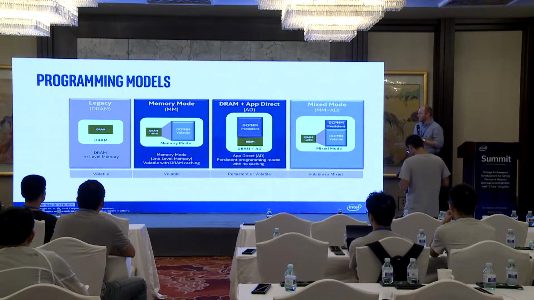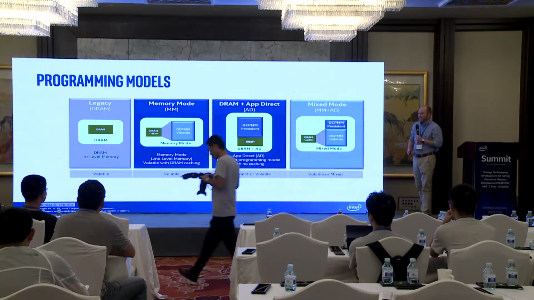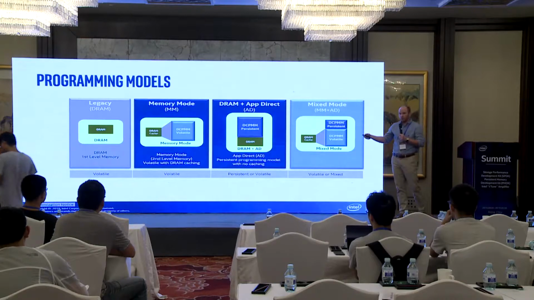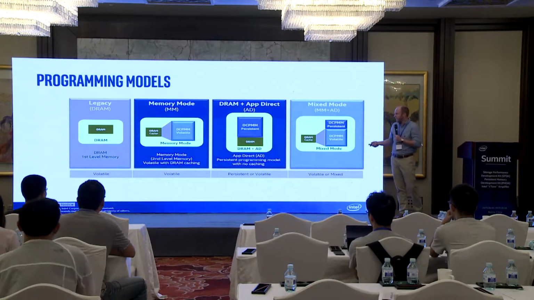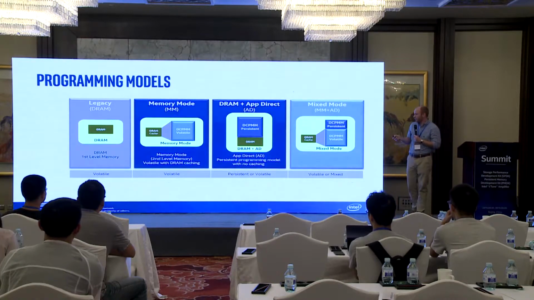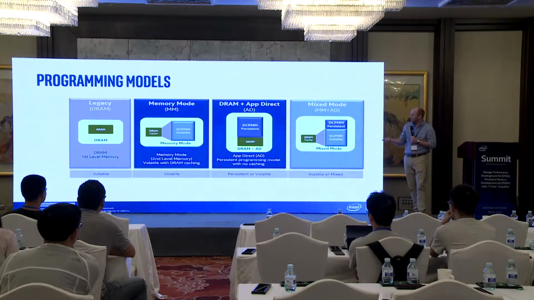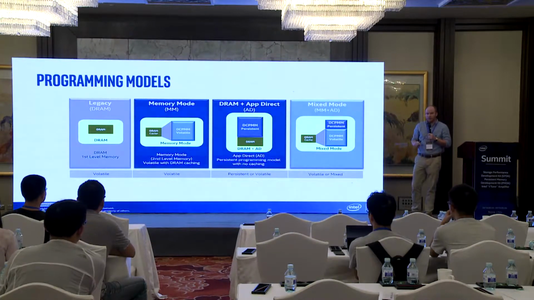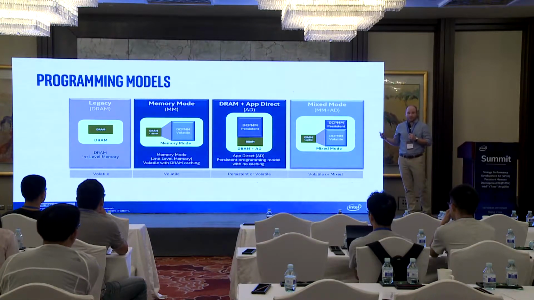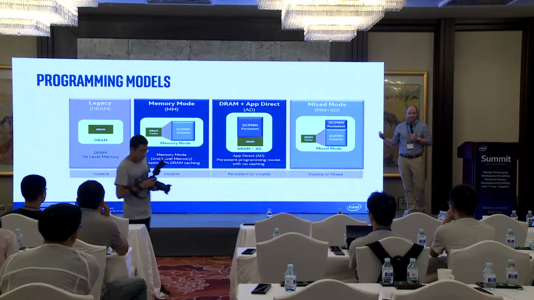This new technology, Optane DC persistent memory, extends the platform with a new memory. And you can use it in one of two modes. The first mode is memory mode. In memory mode, the persistent memory just looks like system memory.